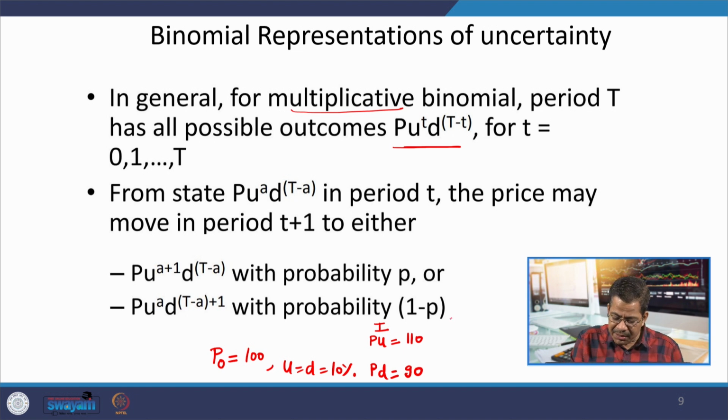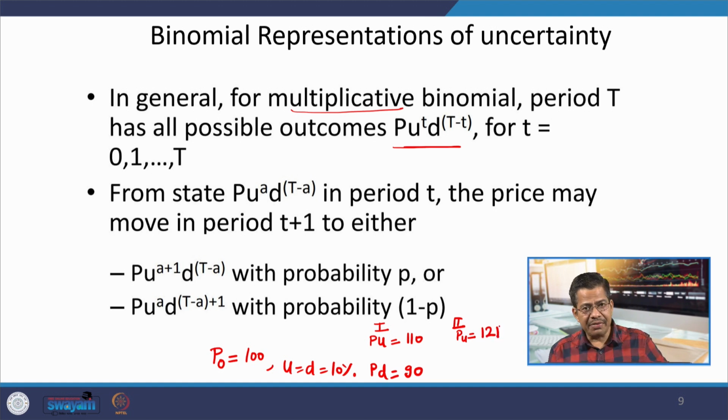When I say in the second period, prices are further increasing by 10%, so Pu square will become 121. Prices have reduced by 10%, so 110 minus 11, that is 99, PUD.